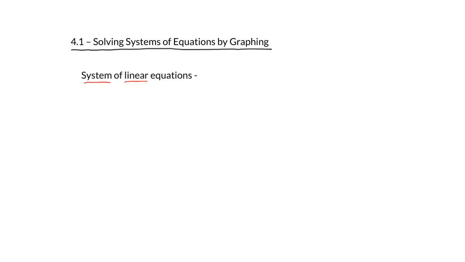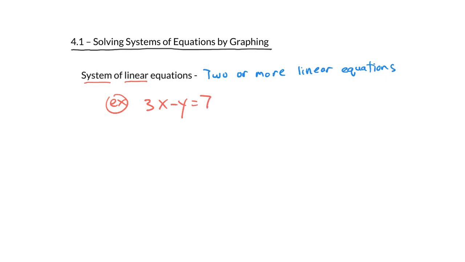So basically, a system of linear equations is two or more linear equations. So, as an example, let's say we've got this problem right here. We've got this linear equation 3x minus y equals 7.